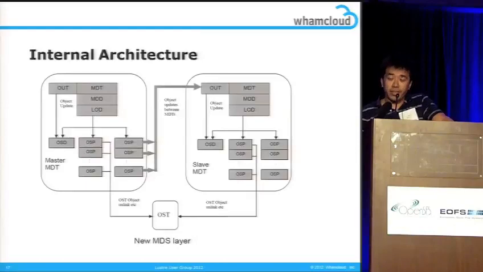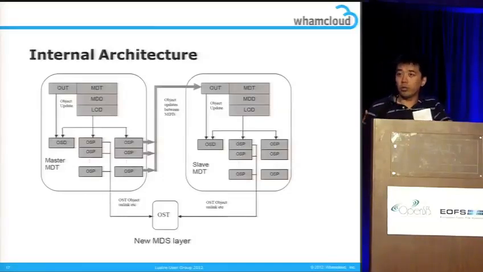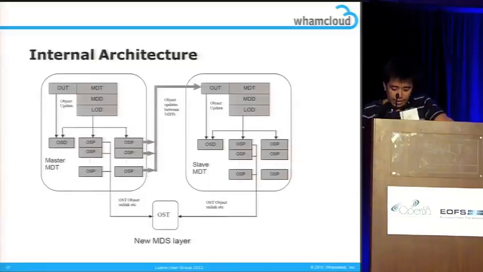Then LOD will check where these object updates will go, by checking the FLDB. For the local operation, it goes to the OSD. For the remote updates, it goes to the OSP. And there are two kinds of OSP. One is for MDT to OST, for the data. The other is for the metadata, between MDTs.